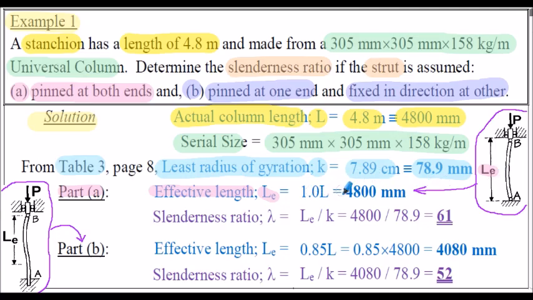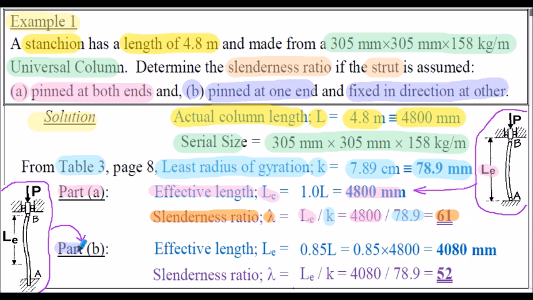So the effective length here is simply going to be the actual length of the strut. That's 4,800 millimeters. So our slenderness ratio, lambda, is the effective length divided by the least radius of gyration. Inserting the values, the slenderness ratio is 61.